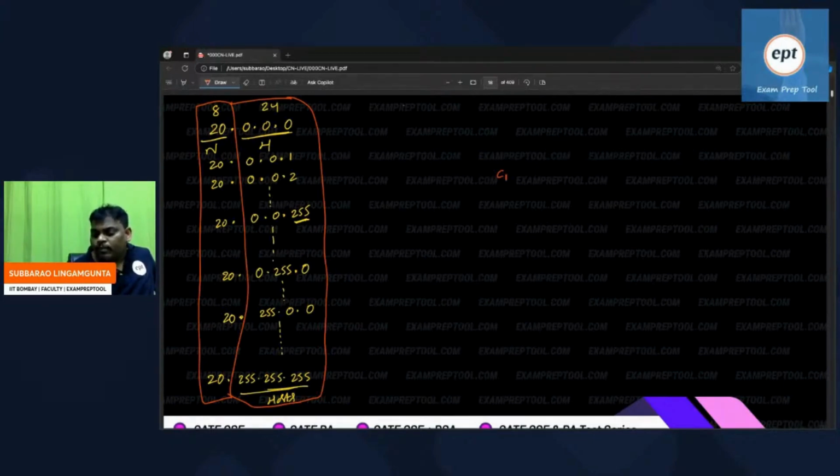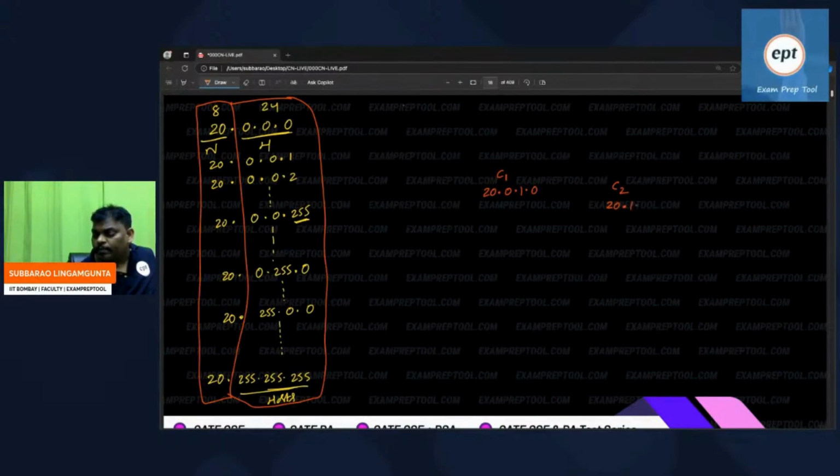What TCS company will do is, for one computer it assigns one address, 20.0.0.1. For one more computer, 20, and so on. Every IP requires 32 bits, that is 4 octets.